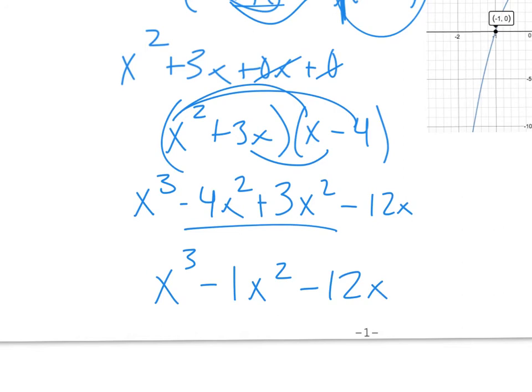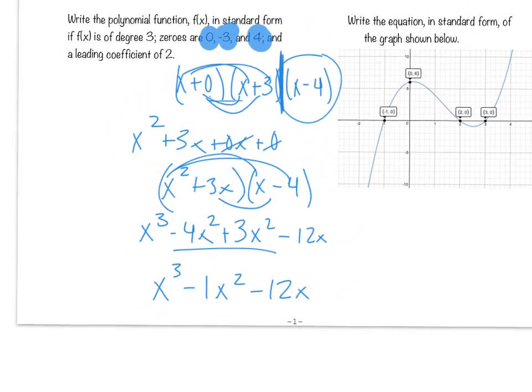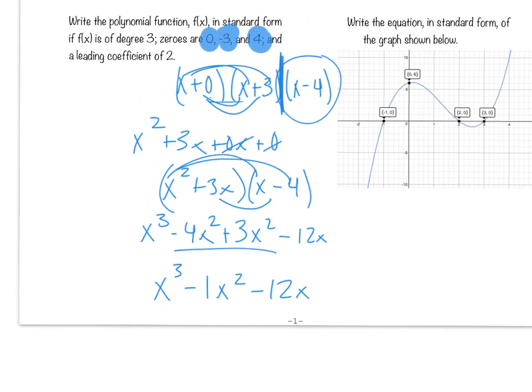Now here's the only thing that we have to make sure of. When you read the problem, we have to make sure that everything matches. So it says write a polynomial. Yep, got that. In standard form. Yep, got that. A degree of 3. Yep, we sure do. The zeros are that. Yep, that's how we figured this out. And a leading coefficient of 2.